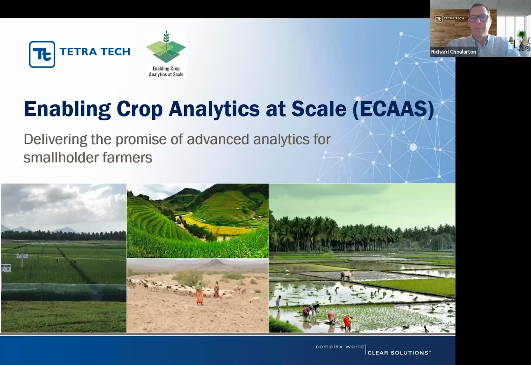It's great to be here with you at ICTforAg, for this session on the Enabling Crop Analytics at Scale initiative. I'm going to be kicking us off before we get into a really exciting agenda. Next slide, please, Drew.